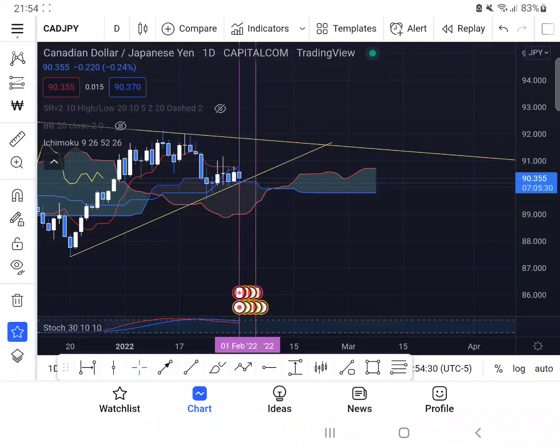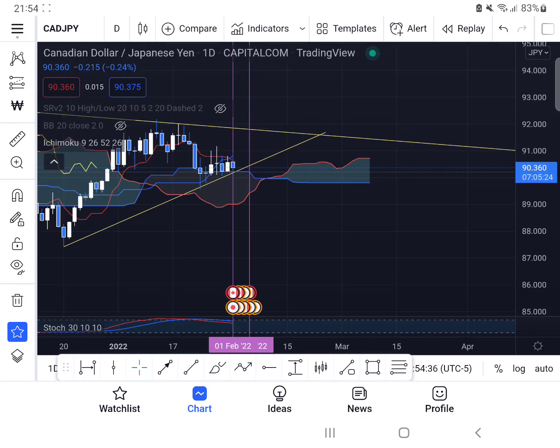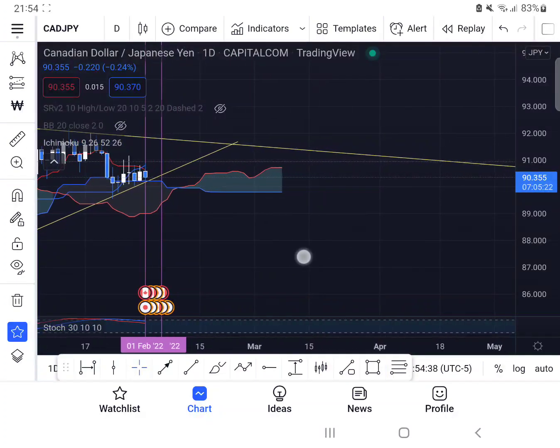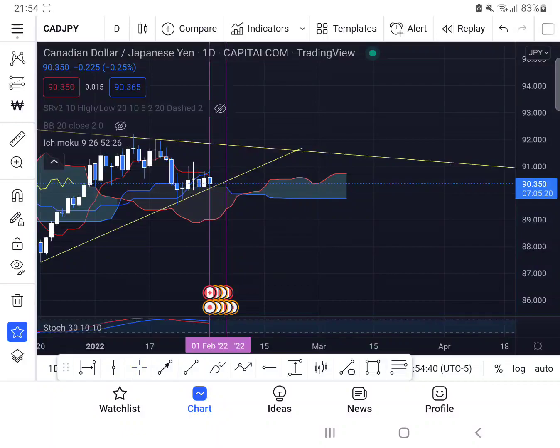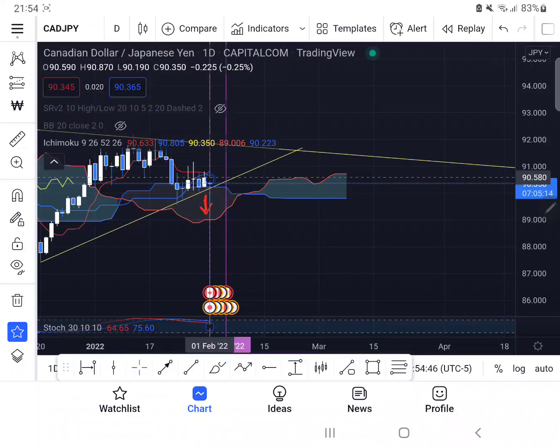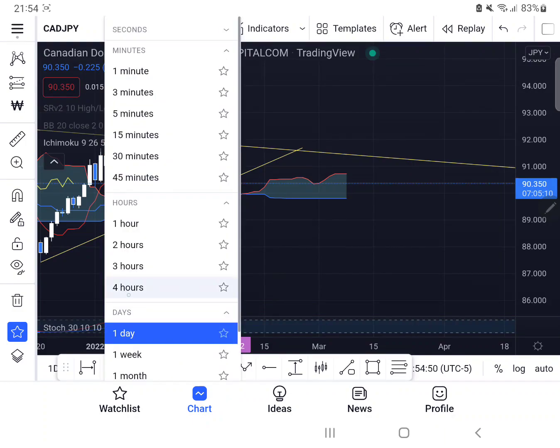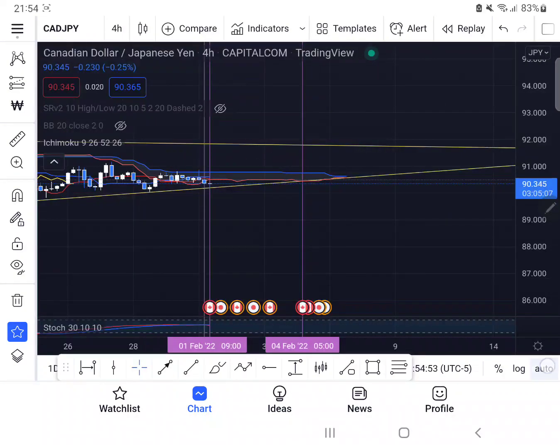So this cross happened here, the price is going to move into the cloud. So in daily time frames, it may retest backward to the cloud. In a strong cloud, it's not good to see a review on this daily time frame.